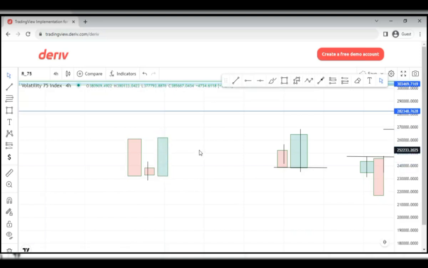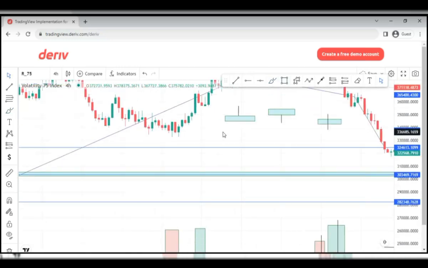When you see this pattern, it tells you that the downtrend has come to an end. So if you're looking for a reversal, this is one candle you want to be checking out for at a reversal zone.